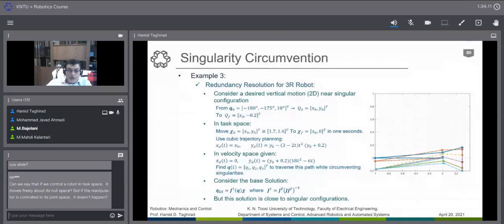Can I have another last question? In reality, we choose, we put or we draw a desired Q or a desired X, a desired path or desired angles. Okay. Yeah, I understand now your question.